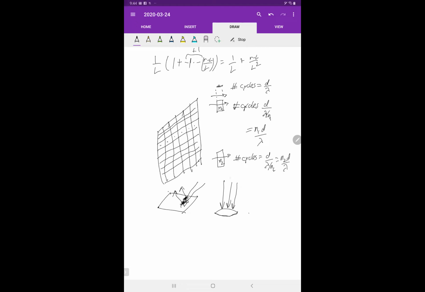But what if the light was traveling through the atmosphere? Maybe it was still going in straight lines, maybe it wasn't, but if the air here has a different index than the air over here, then they've got different phase shifts traveling through the atmosphere.